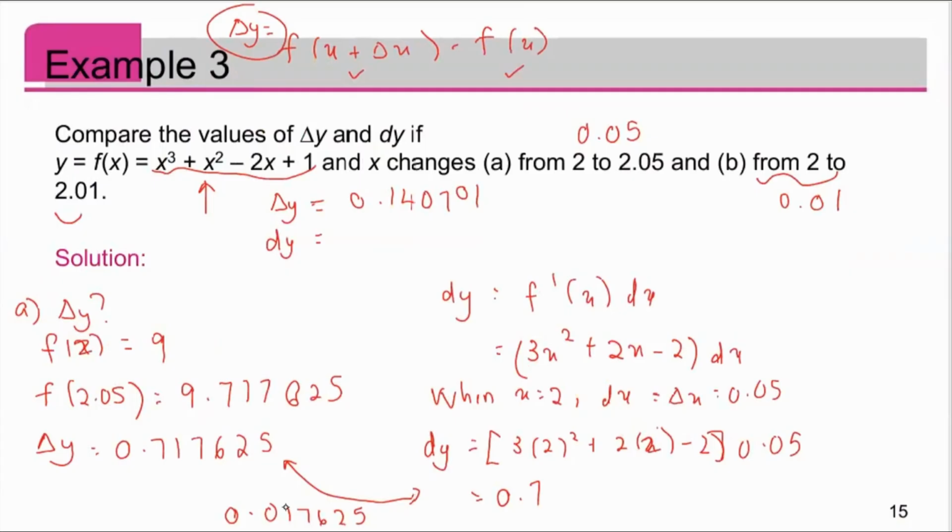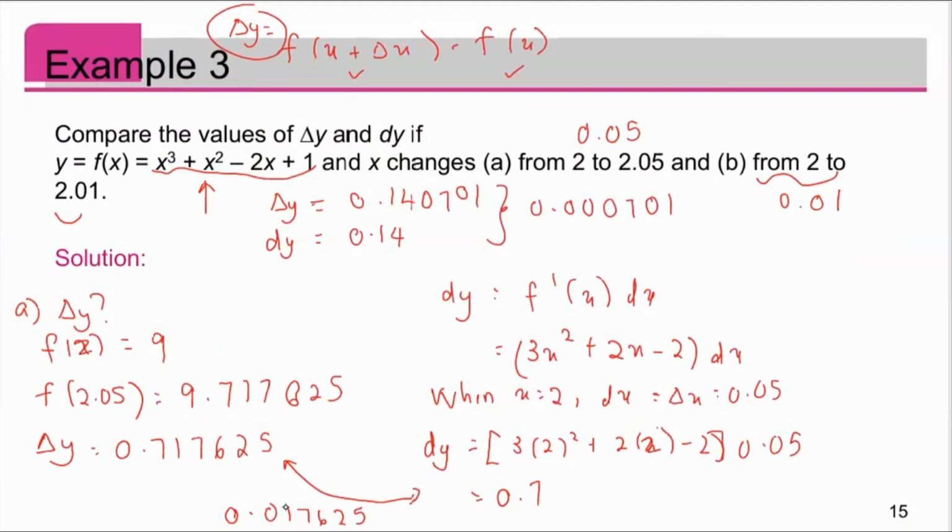Okay, and then dy, upon calculation, you'll get that it is equal to 0.14. So the difference between these two values, delta y and dy, will be 0.000701.